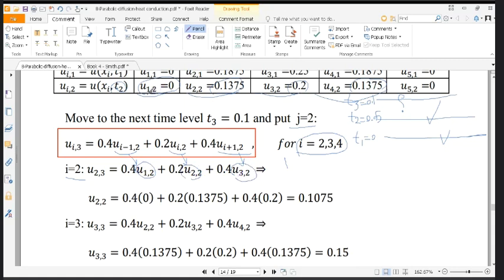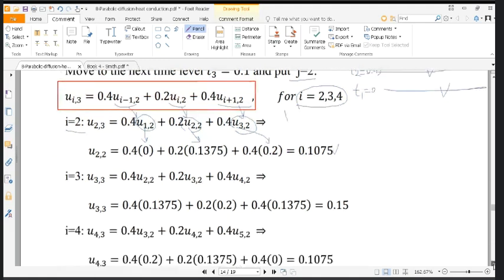For u1 and 2, we have 0. For u2 and 2, we have 0.1375. And for u3 and 2, the value of u at this point is 0.2, and the result is 0.1075.